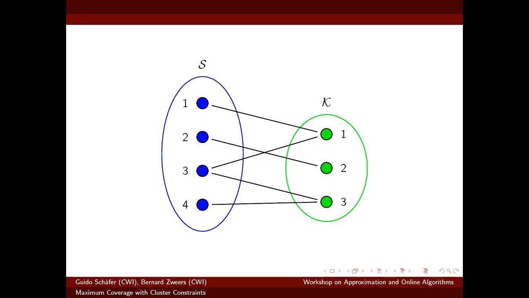Well, then we've got another SS path, and basically we can do the same. So, for instance, remove that edge. Now we're left with this graph. We don't have any cycles. We do not have any SS paths anymore. We only have paths that start in node S and end in a knapsack.